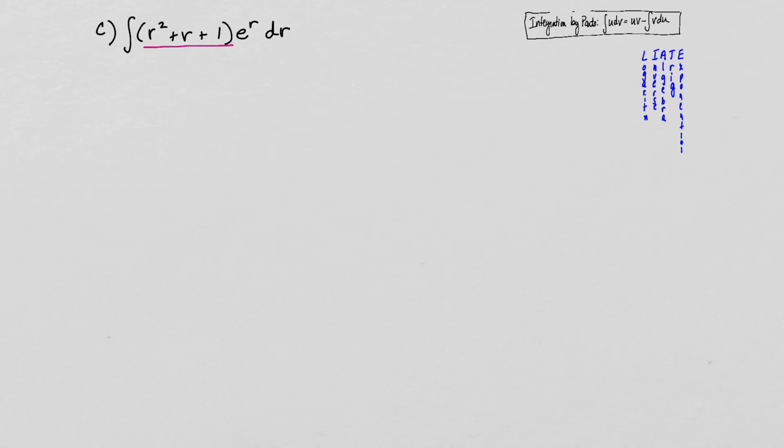Yeah, if this was a problem on the test and you wanted to rewrite it with x's instead of r's, that's totally fine with me. So we're going to let u be equal to r squared plus r plus 1. Which then means our dv is e to the r dr. So, questions about how I got that?